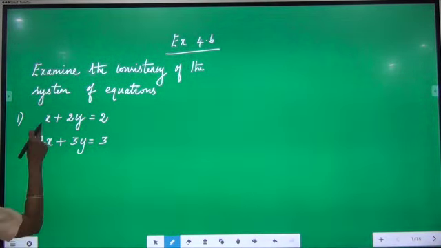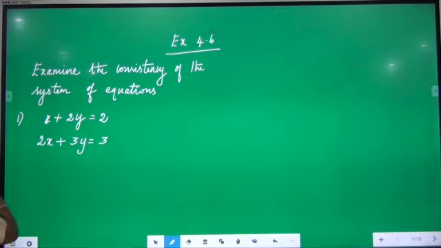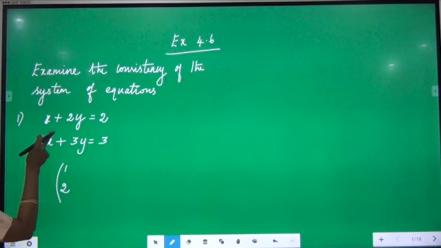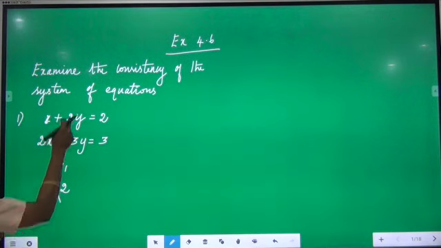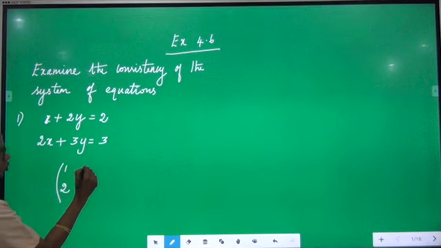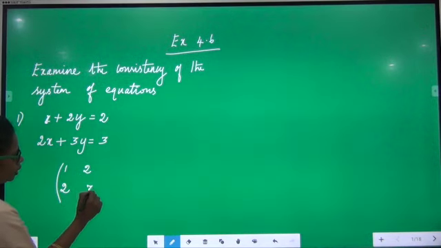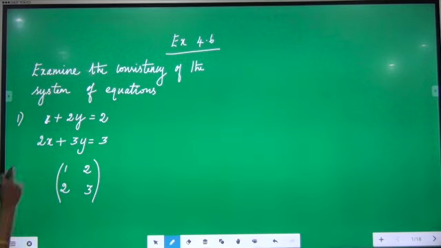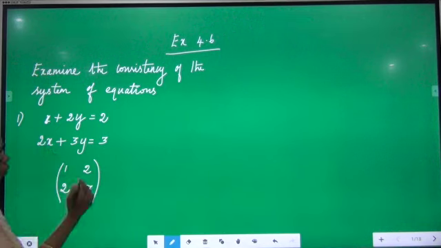How am I going to write it in terms of matrix, you see. What is the coefficient of x here? 1. What is the coefficient of x here? 2. So that should be entered into the first column. Now the coefficient of y, you have to gather and write in the second column. That is 2, 3. What are the variables here? x and y.